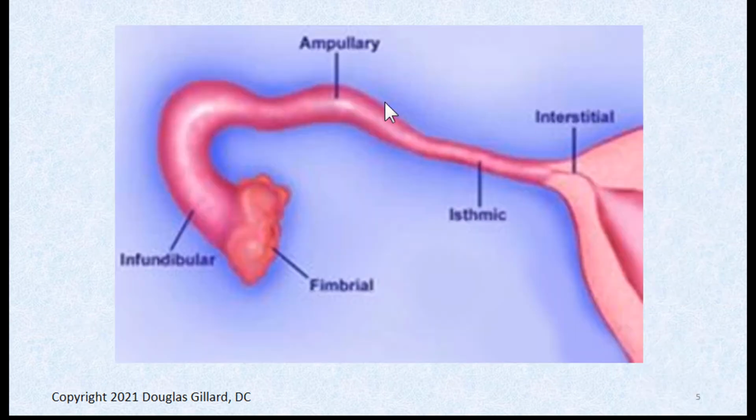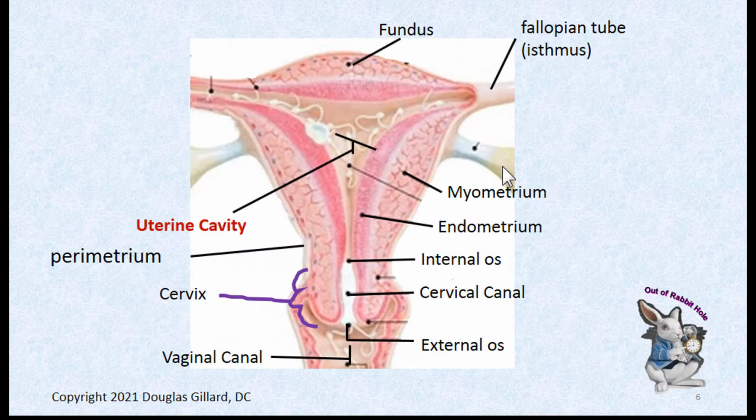We've already kind of talked about the fallopian tube. The parts of the fallopian tube: the infundibulum is this area right at the end. The ampulla goes this entire length. This is all ampulla. And then the isthmus is this little piece right here. So that's the fallopian tube. Of course, that's hollow, we said.